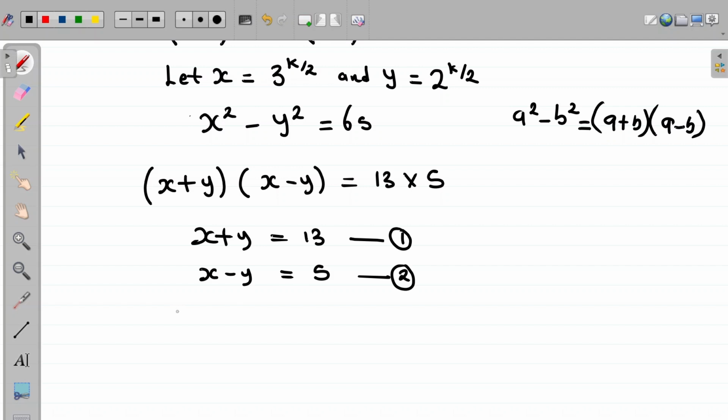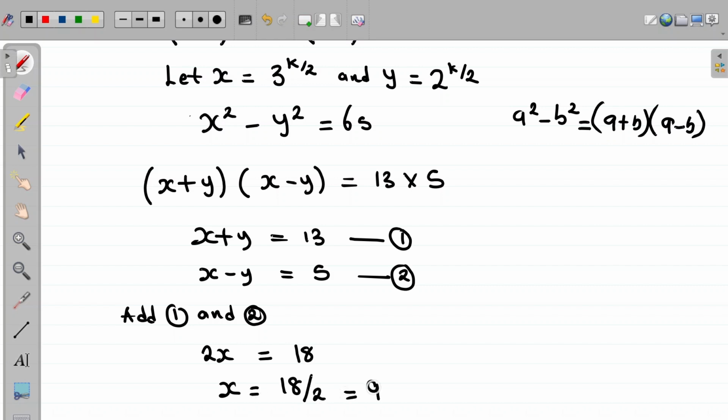Now to obtain the values of the variables x and y, we solve equations 1 and 2 simultaneously. So if we add equations 1 and 2, we will have that 2x will be equal to 18. Therefore, x will be equal to 18 divided by 2, which is equal to 9.